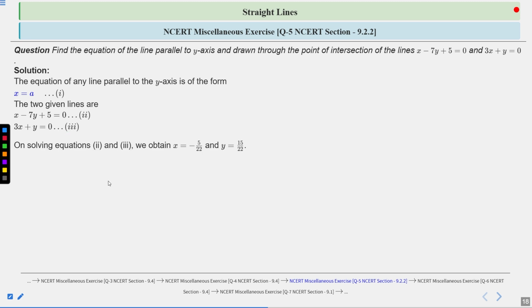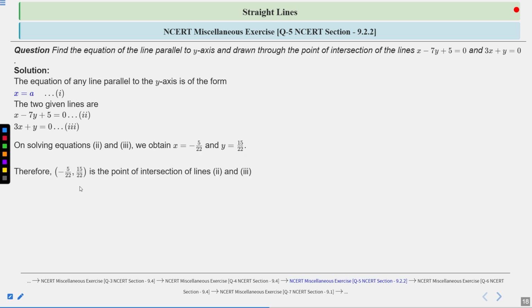Now, on solving equations 2 and 3, that is x minus 7y plus 5 equal to 0 and 3x plus y equal to 0, we obtain x equal to minus 5 over 22 and y equal to 15 over 22. For solving equations 2 and 3, we can use the cross multiplication method and easily obtain x equal to minus 5 by 22 and y equal to 15 over 22.